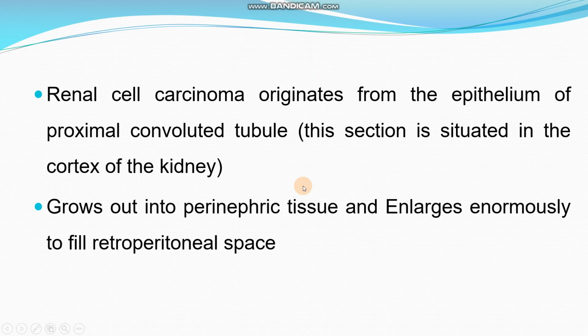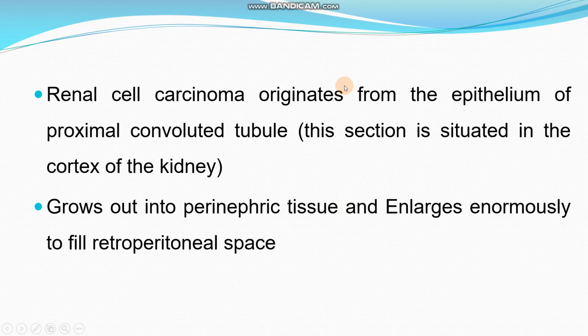In the cortex, the proximal convoluted tubule is affected. The epithelium of the proximal convoluted tubule is converted to cancer cells, and it will grow out into the perinephric tissue. Even as it enlarges, it will fill the retroperitoneal space as well.